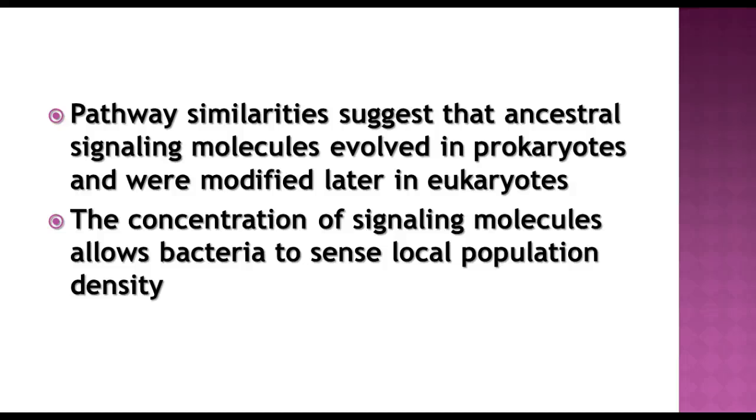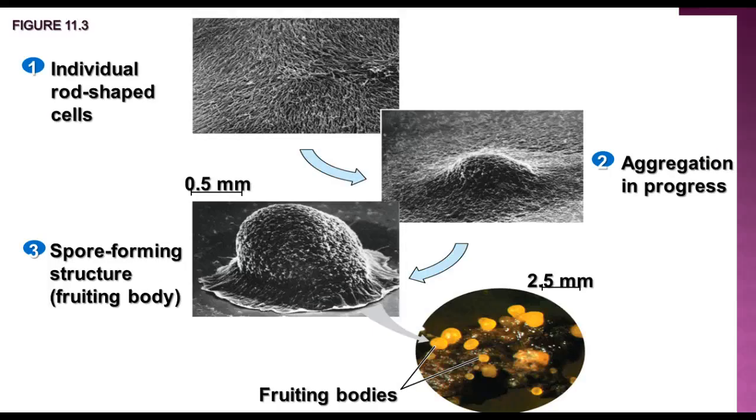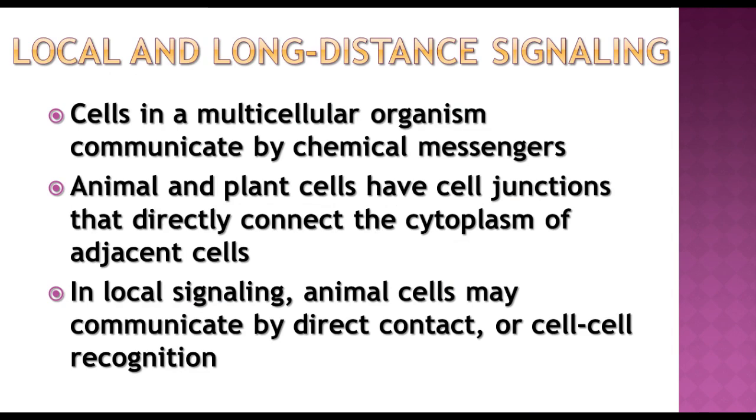We also see the same sort of signaling in bacteria that allows them to sense population density. Individual cells of bacteria don't do a whole lot of harm, but when they aggregate together, they can produce a stronger response or a stronger interaction with the host to lead to their greater success.